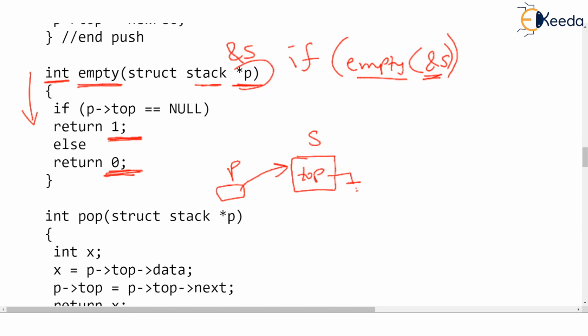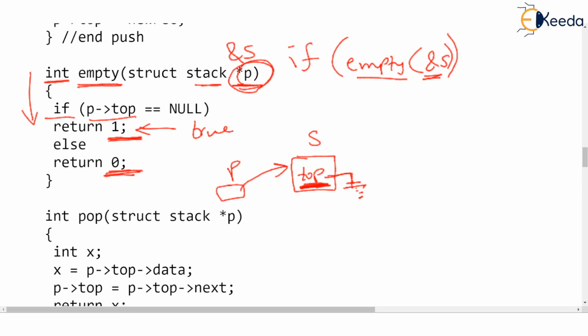We will now ask a simple question. If p arrow top, which is this top which I am underlining in the picture, is it null? Oh yes, it is null at the moment. That means the stack is empty. So the function returns 1. 1 means true. Stack is empty really.